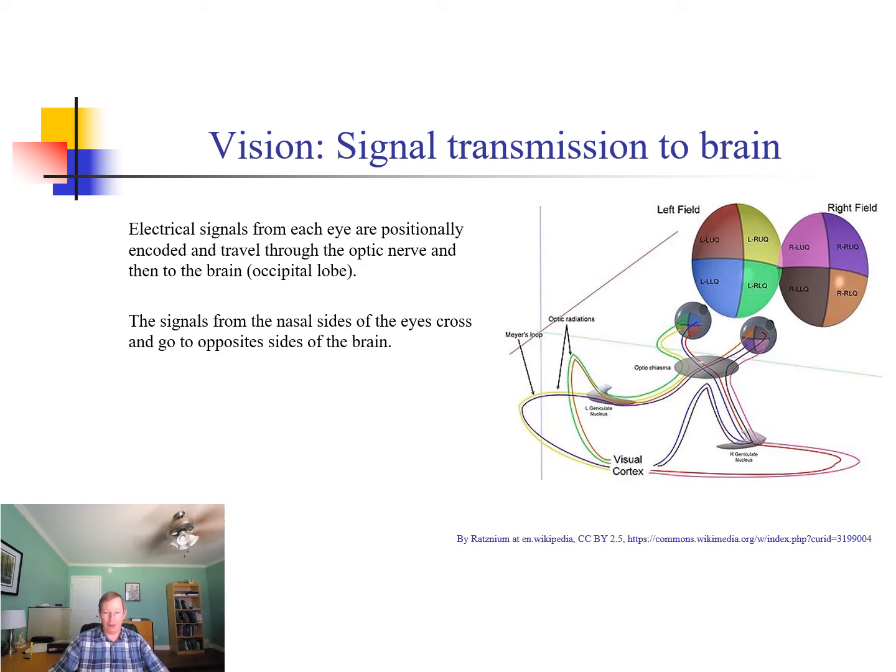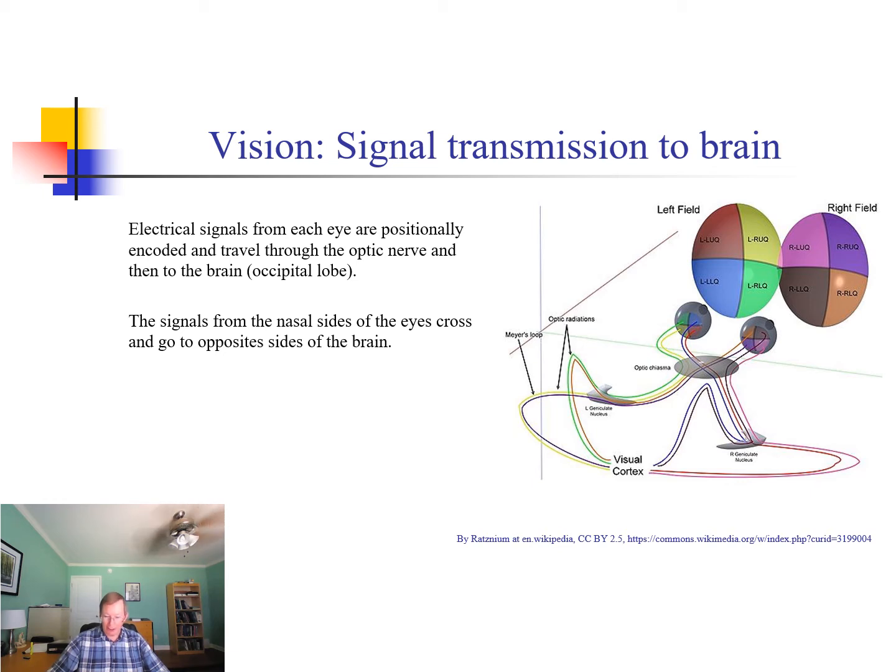It turns out that the neurons for the two quadrants on the nasal side of each eye, in the center towards your nose, will cross over, whereas the outer two quadrants will just go outside and go around. It is the way that we're made, and so I have part of the signal that crosses over and goes to the opposite side of the brain, and part of the signal that just stays on the same side.